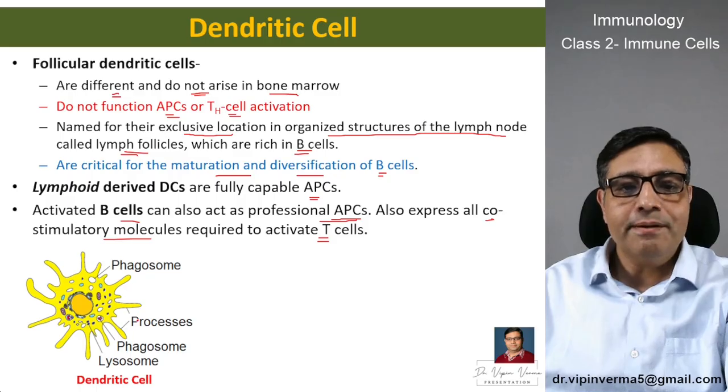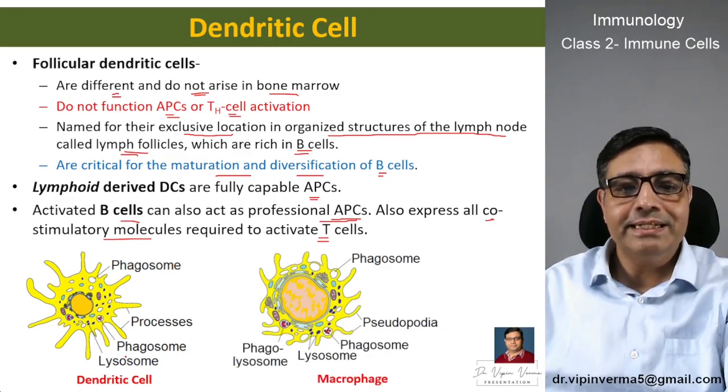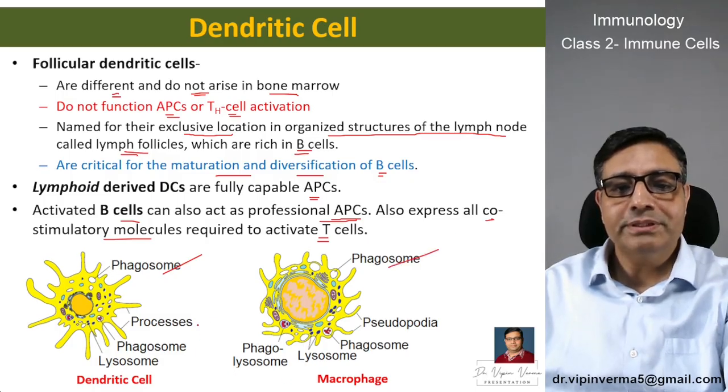So here you can see the comparison between the macrophages and the dendritic cell. So both have the phagosomes, okay, and both have the processes, but here the processes are longer, okay, in case of dendritic cells, and here we call them pseudopodia because they are not that much longer. Here you have the phagosomes and lysosomes and phagolysosomes.